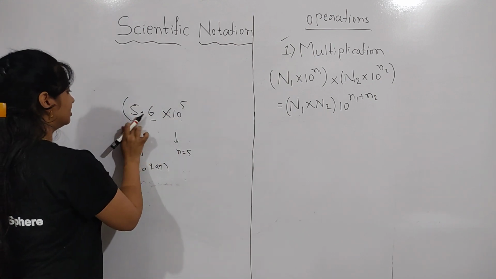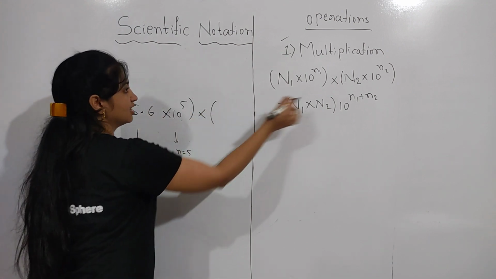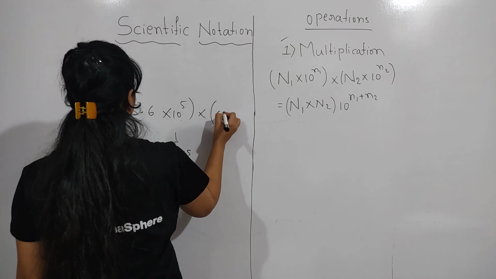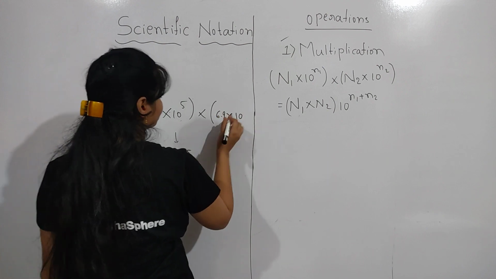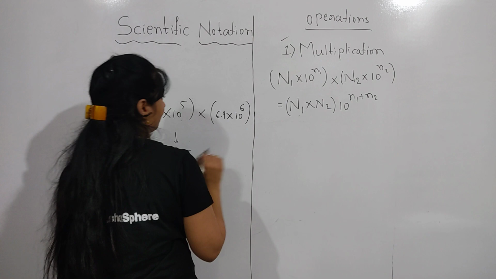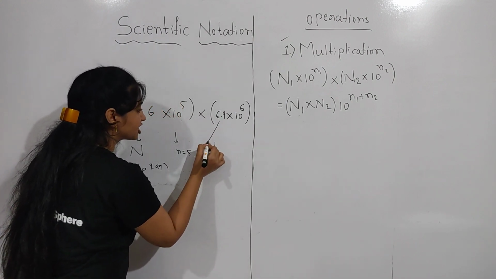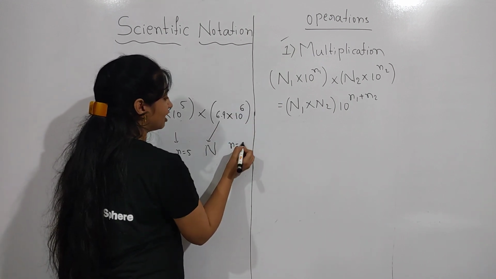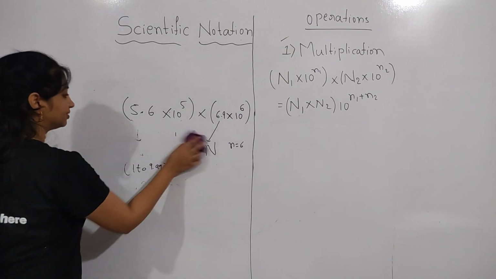So this is our one number. And into next, n2. So n2 is 6.9 into 10 raised to, just I take 6 here. In the capital N, we have 6.9, and as the exponent value, we have a 6 here. Just be clear on that.